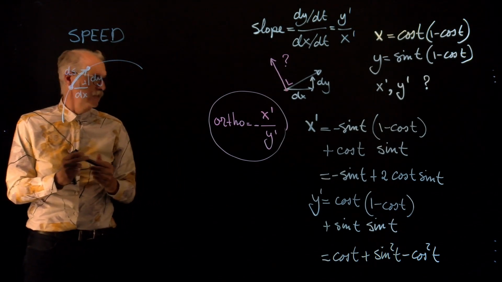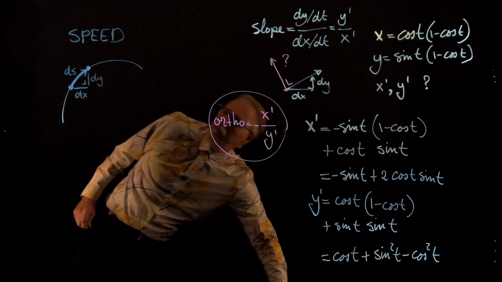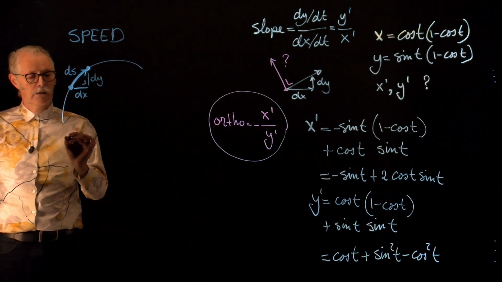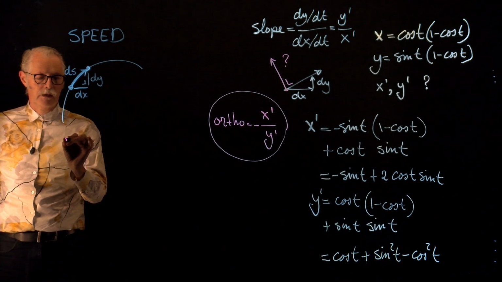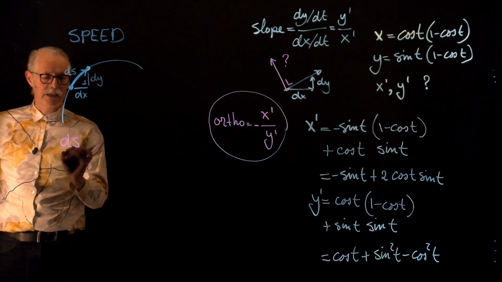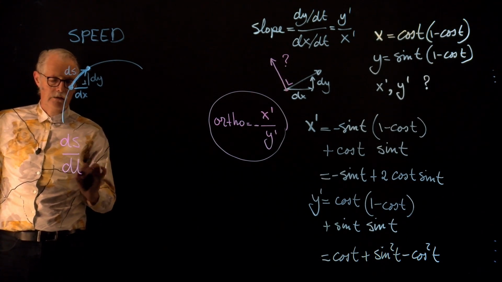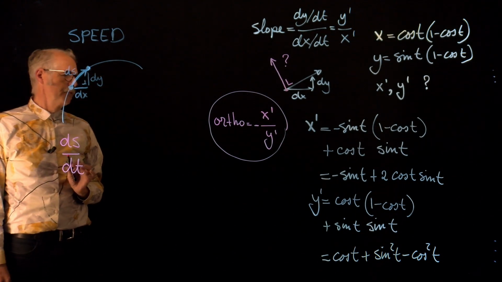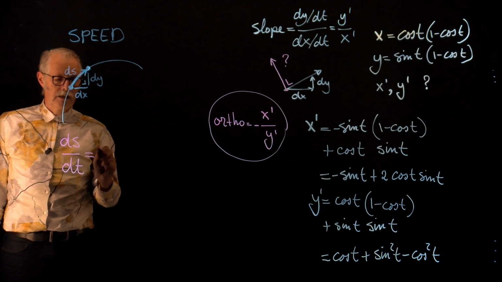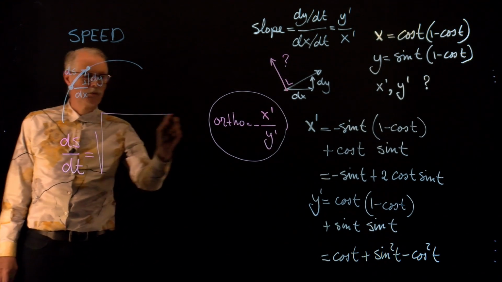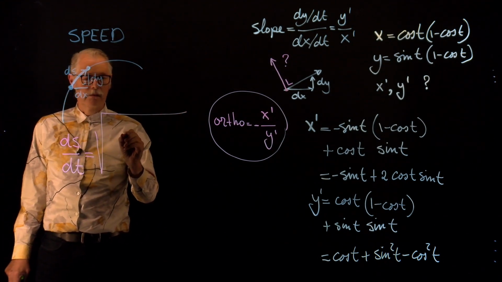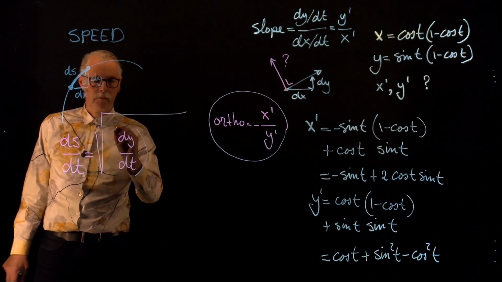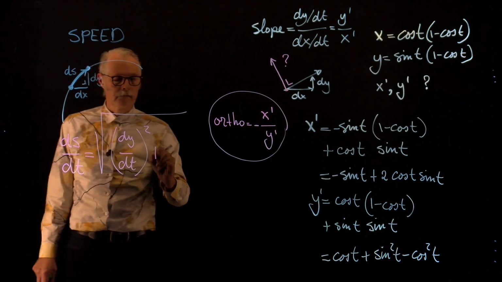So I like to present you this impressive but very powerful formula, namely the speed, that is the rate of change along the path as a function of time. That's given by a kind of Pythagoras formula where you use the dy dt and the dx dt.